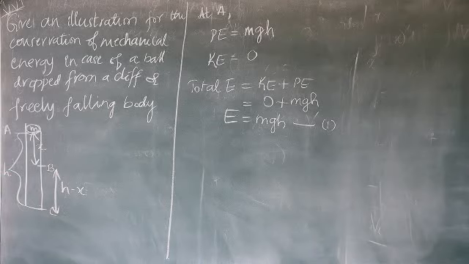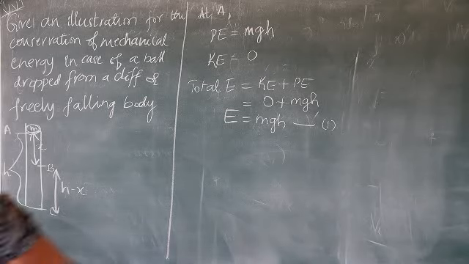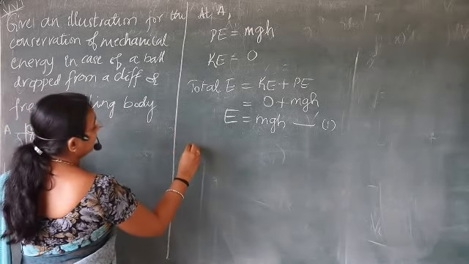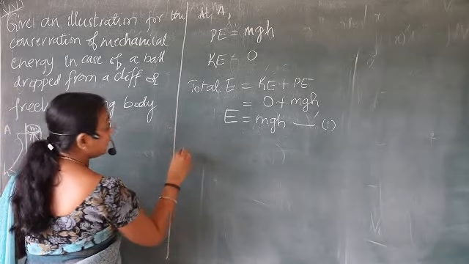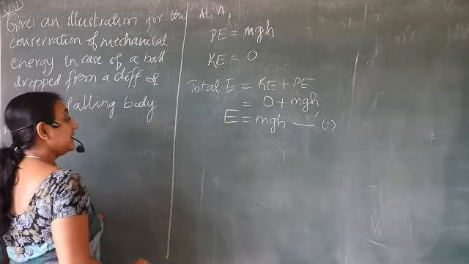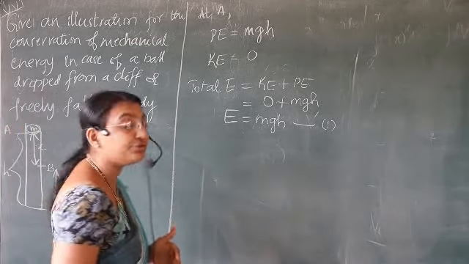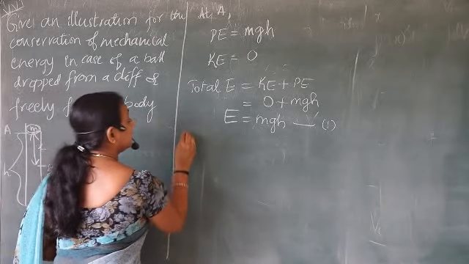Next, as the body falls, it is falling down from the initial position. Let the body come down, moving with increasing velocity due to the acceleration due to gravity.